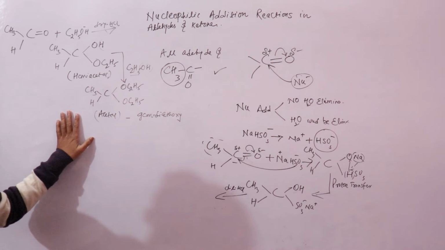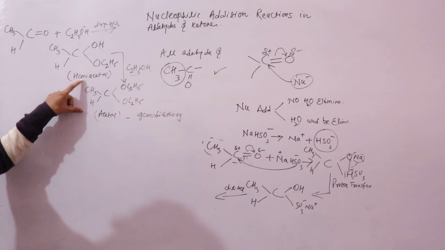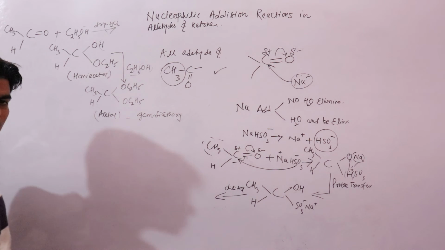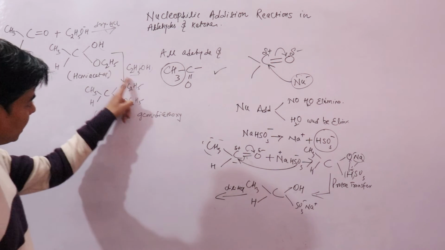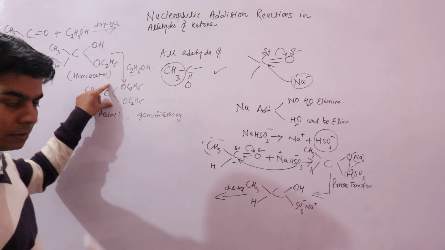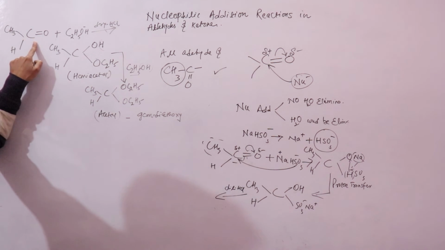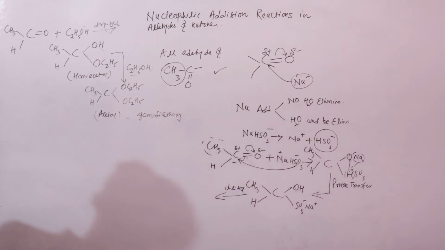From these gem dialkoxy compounds you can get back to the starting compound, acetaldehyde, by treating it with mineral acids, like we did before in the case of bisulfites. So when this acetal is treated with dilute HCl, it will give you back acetaldehyde, and ketones will not undergo this reaction.